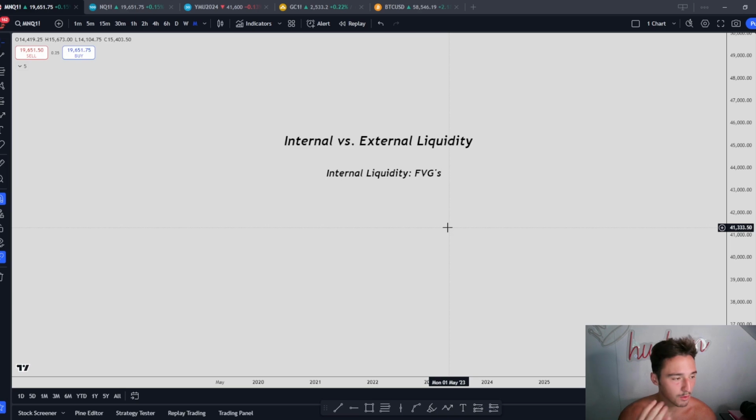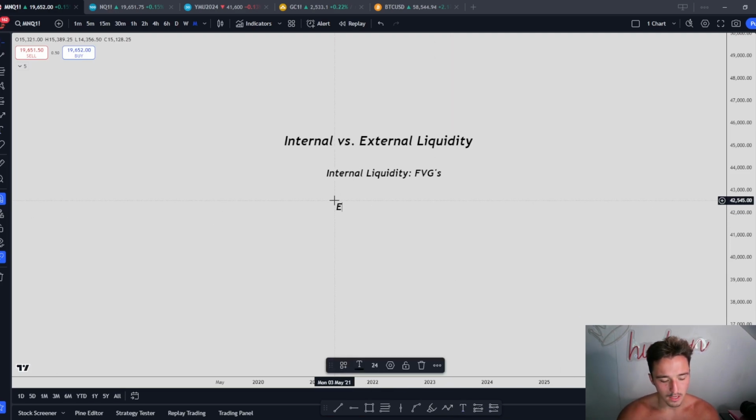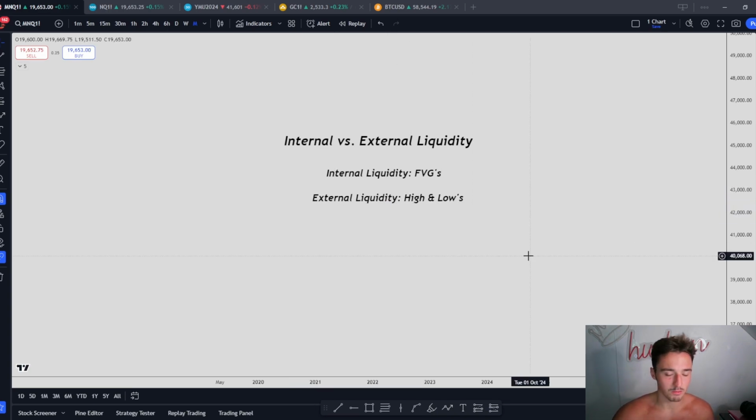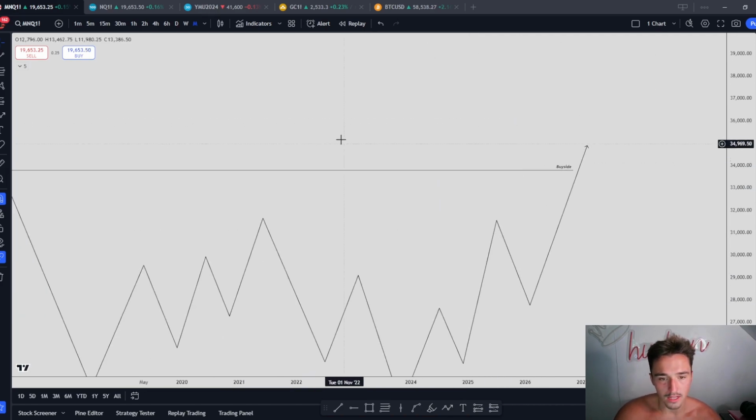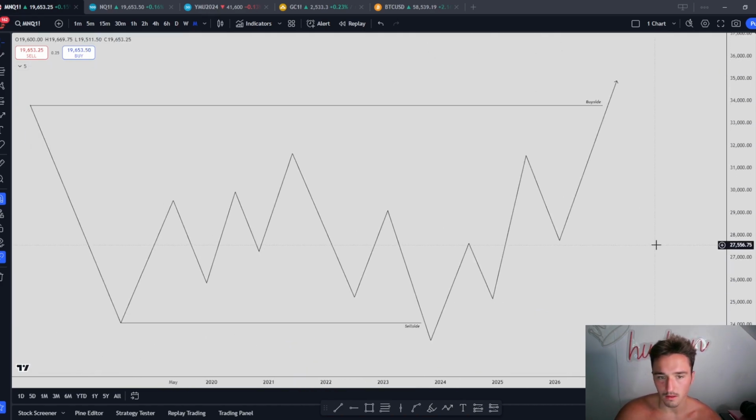That fair value gap on the lower time frame is going to be a 1 hour, 4 hour liquidity pool, so that becomes external. External liquidity is highs and lows, so very self-explanatory. Internal is your fair value gaps, and the external is old highs, old lows, or just highs and lows in general.